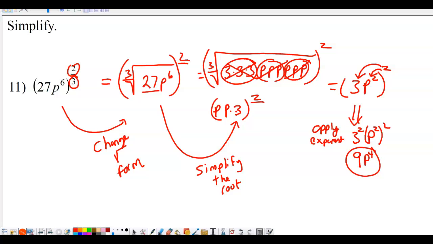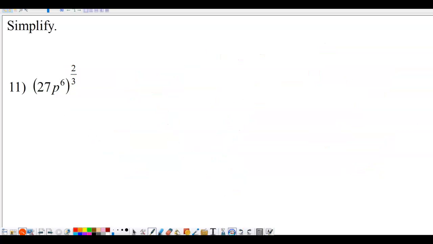You basically just multiply those powers together. Okay, and so the final answer is 9p to the fourth power. So start by changing it into root form, simplify your root, and then apply the exponent after that. All right, so there's one for you guys to practice, and we'll move on to number 13.